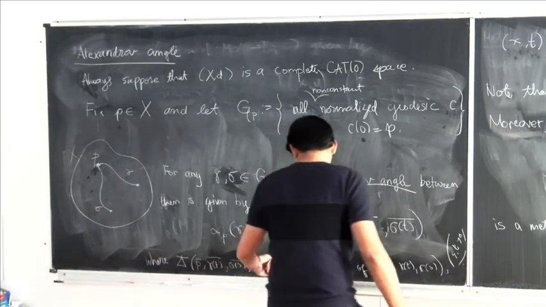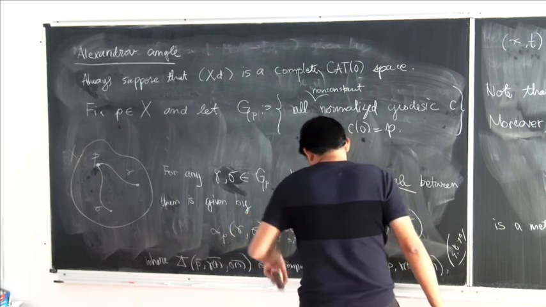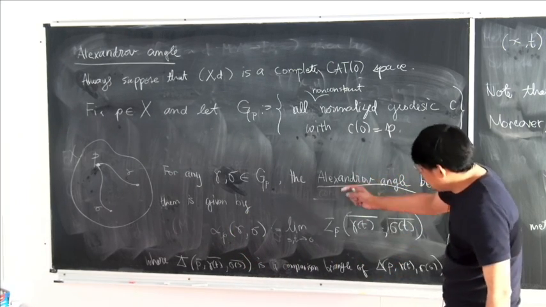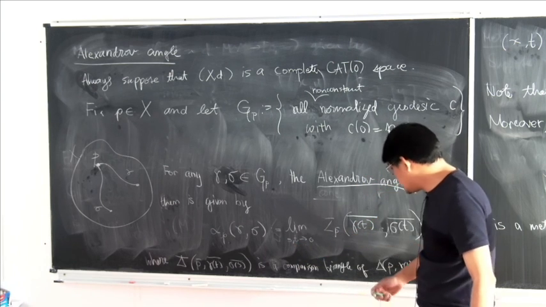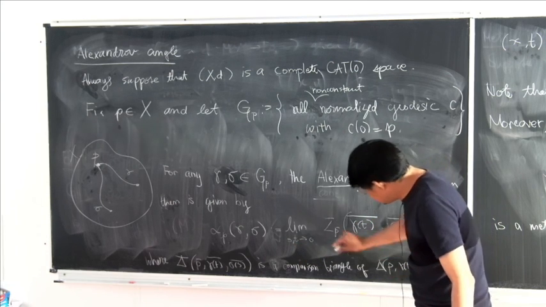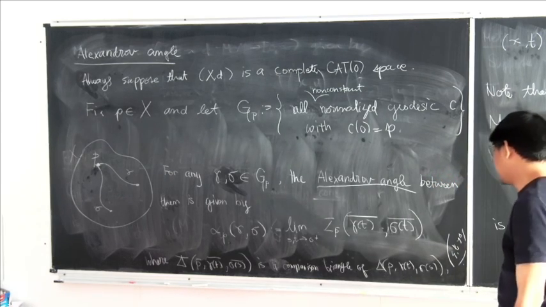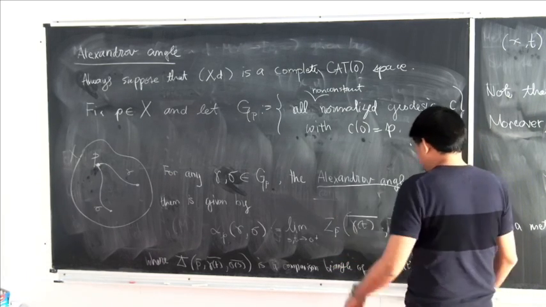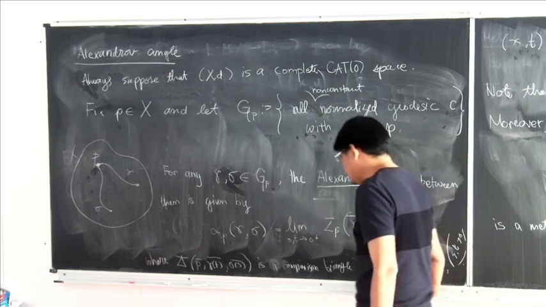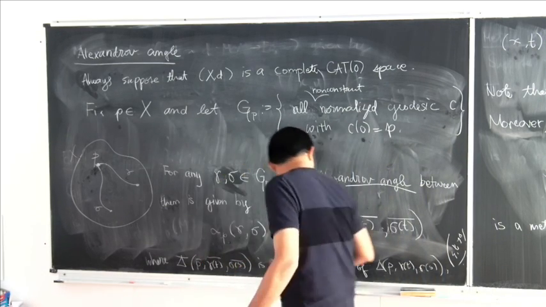And it's measured like this. The angle between gamma and sigma is defined to be the limit as S and T tend to 0, of course from the right. And what you do inside the limit, let me write it on another board.